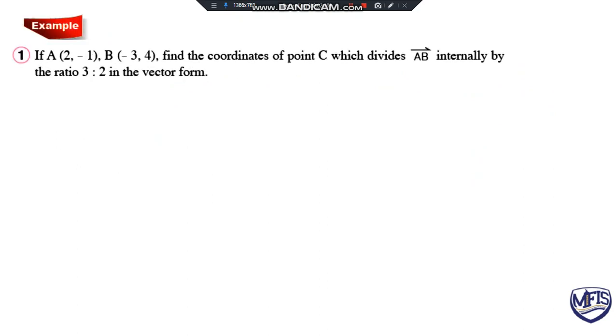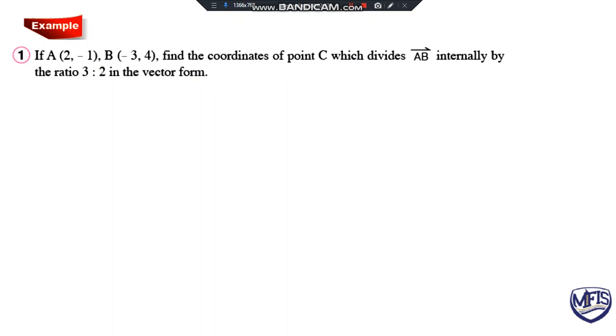So we have an example: A is (2, -1), B is (-3, 4). Find the coordinates of the point C, which divides AB internally by the ratio 3 to 2, in the vector form. It's important to know the initial point and the terminal point.